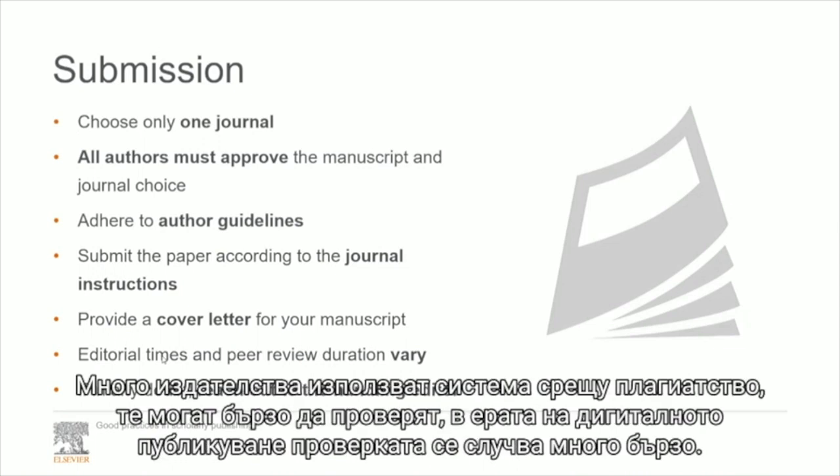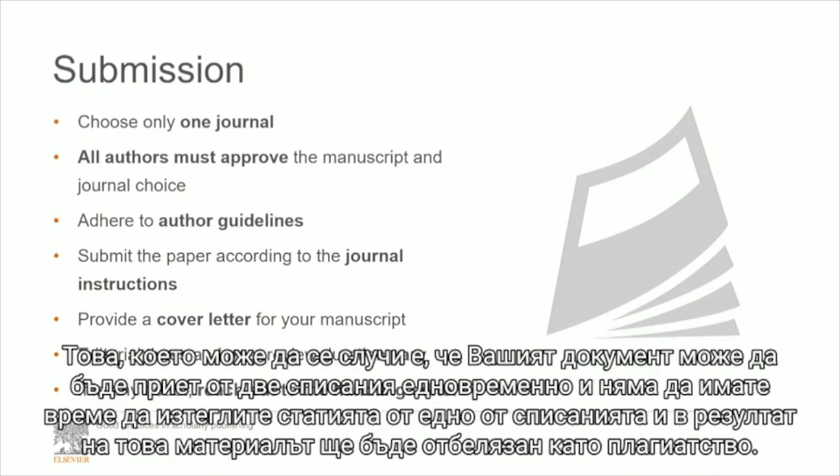Many publishers simply use anti-plagiarism systems, and in the age of digital publishing, publishing happens very fast. So what may happen is that your paper will be accepted in 2 journals at the same time, and you will not have the time to withdraw the paper from one of the journals, and as a result it will be spotted as plagiarism.